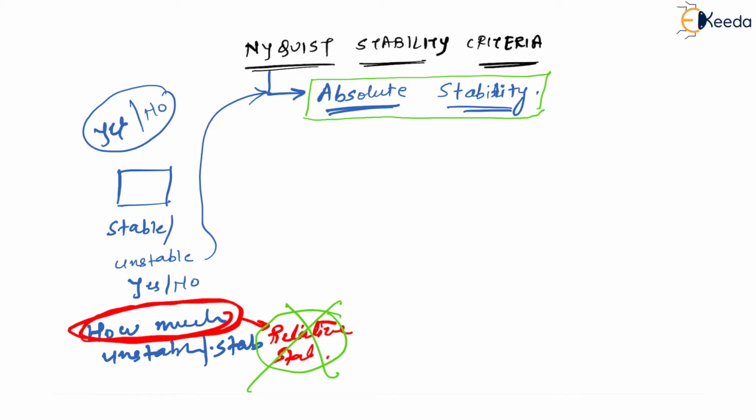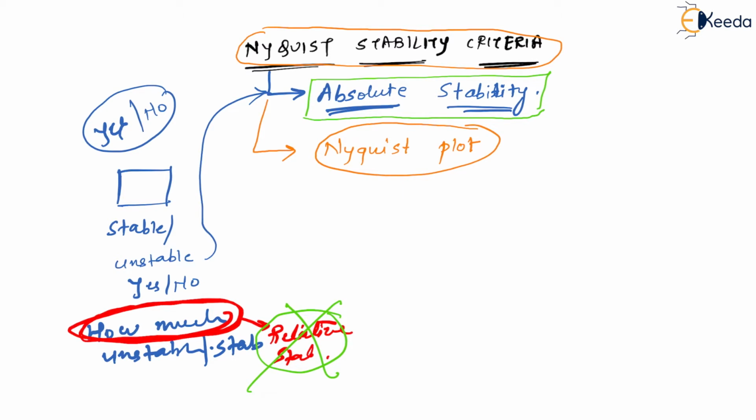Now, in order to apply this stability criteria, the first thing you need is the Nyquist plot. So let us understand that.